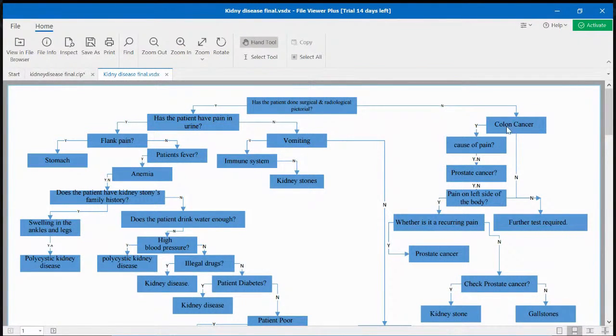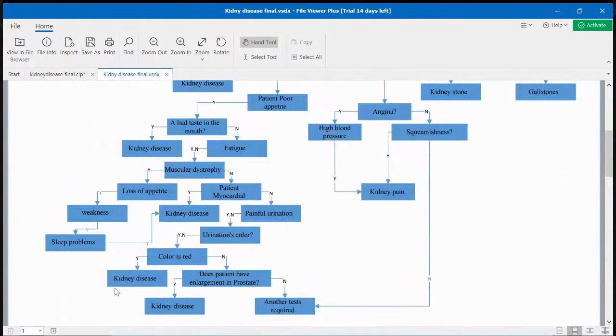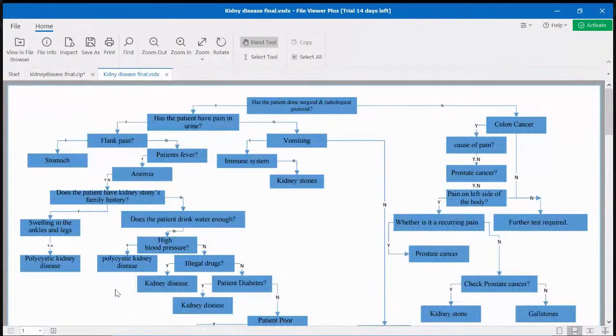If this one is yes, he goes to the next step until the last one. If this happens, then another test is required for kidney disease. This is the decision tree for kidney disease in humans.